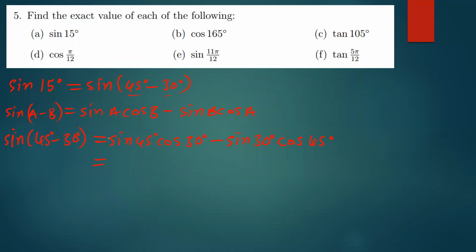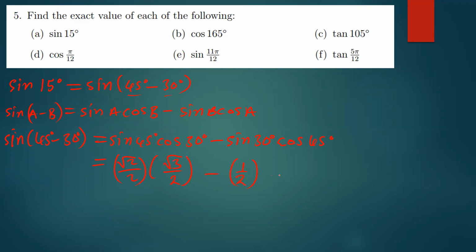Sine 45, we said from the table that we drew up, is simply the root of 2 over 2. Then cos 30 is simply the root of 3 over 2. And we say minus, sine 30 is simply 1 over 2.